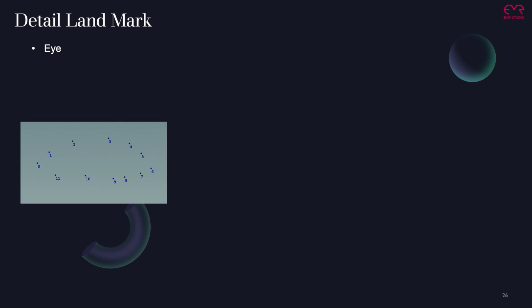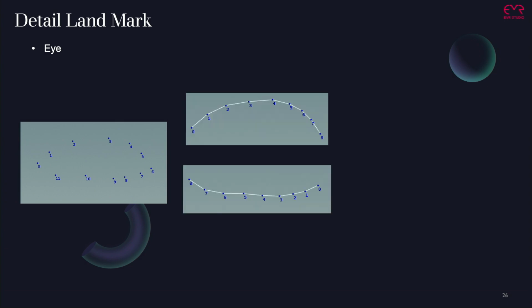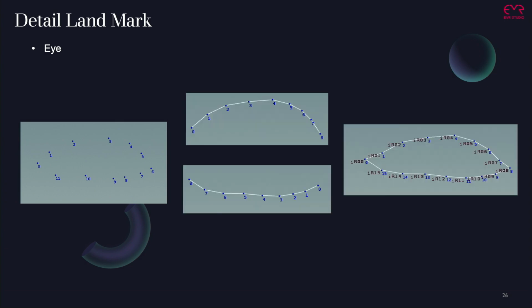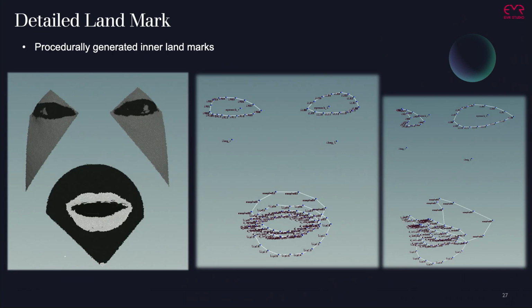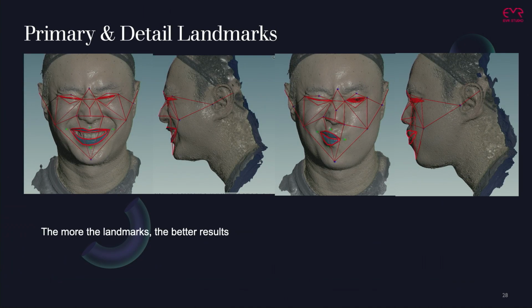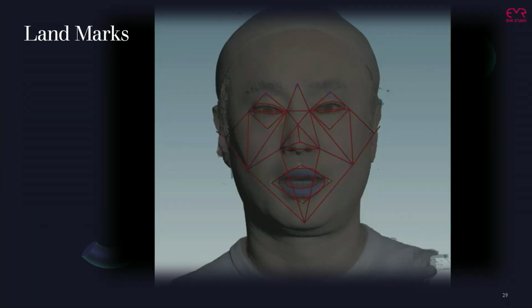And in the same way as the mouth, bisect the eye into top and bottom sections and perform the resample. This leads to consistent eye landmark topology. A simple algebra enables point generation for the lip thickness as well as the inside of the mouth. The more landmarks we have, the better topology results.